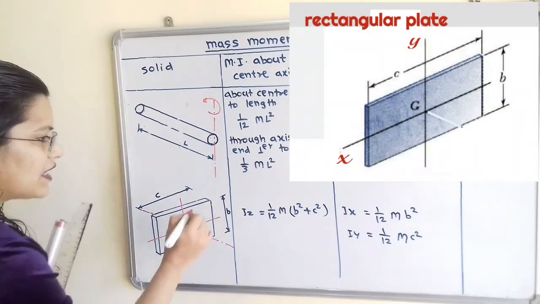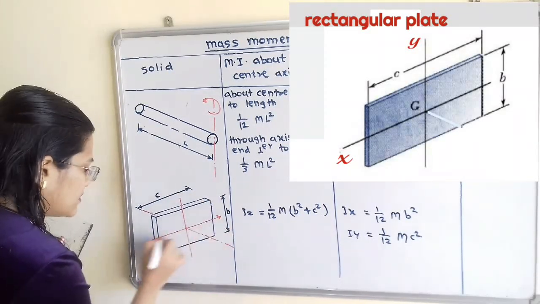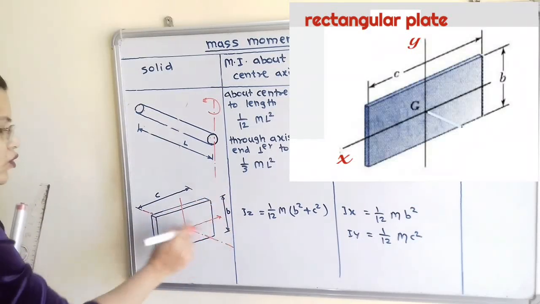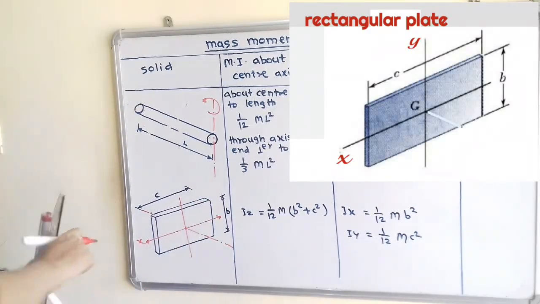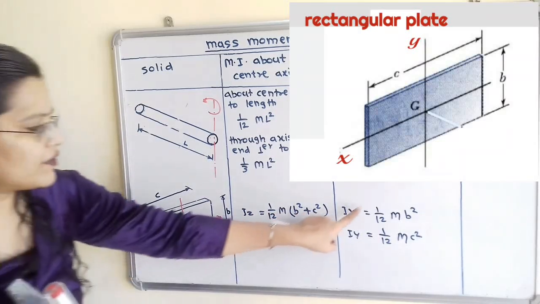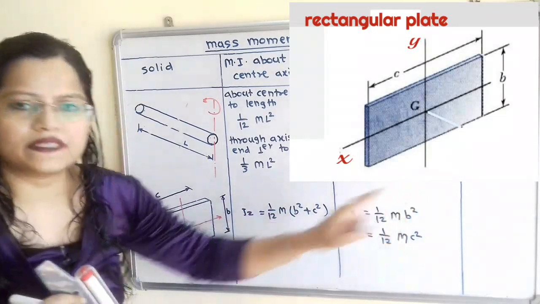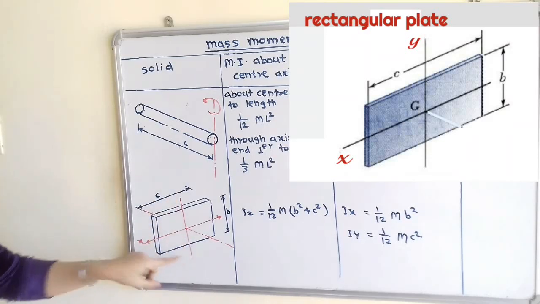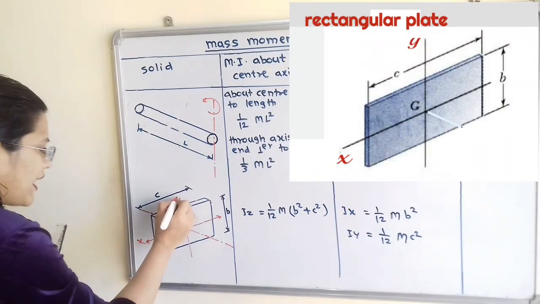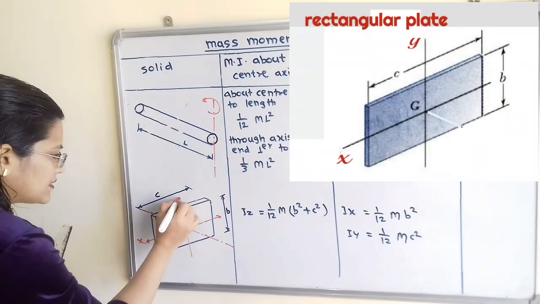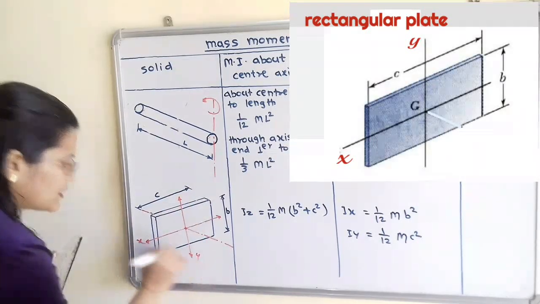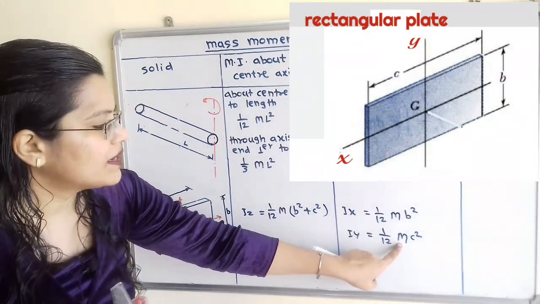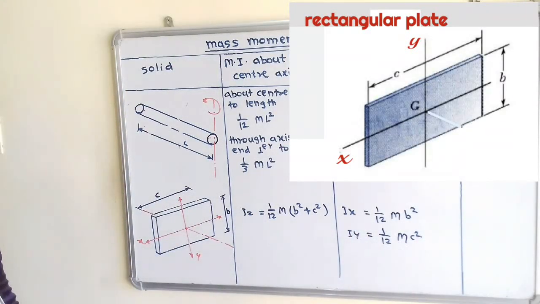Now suppose this axis which divides the length B into two parts is the x-axis, then Ix is equal to 1 by 12 MB square. And if I take this vertical line which divides the total length C into two parts, suppose it is y, then Iy is equal to 1 by 12 MC square.